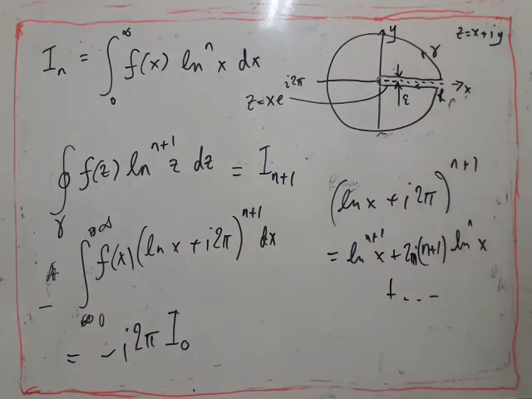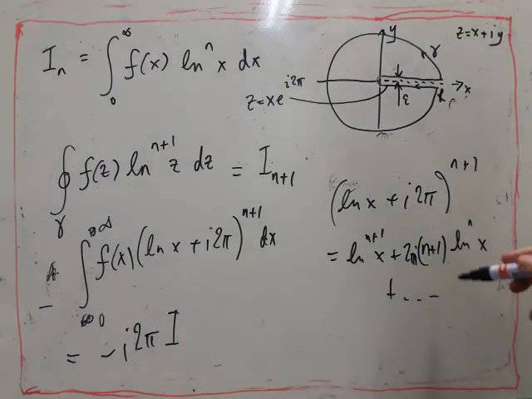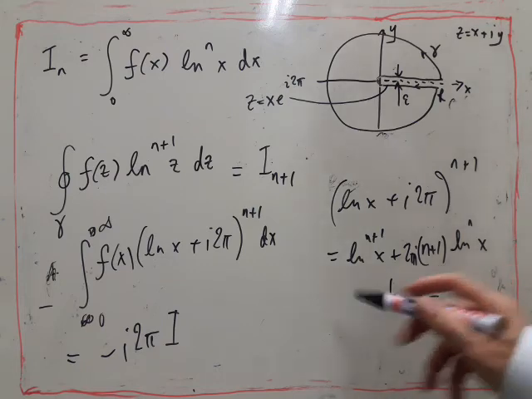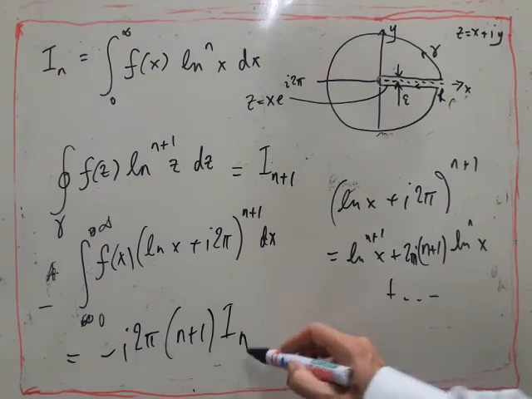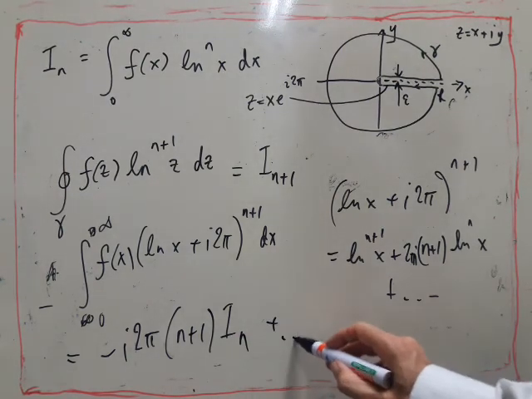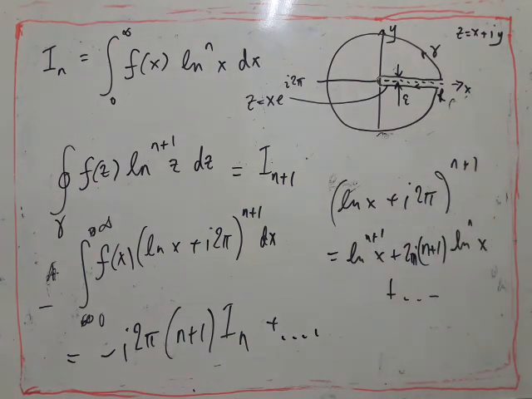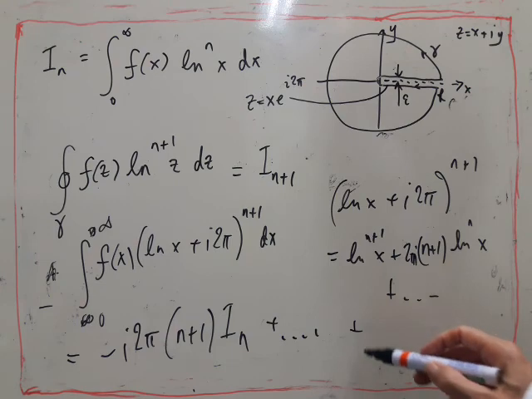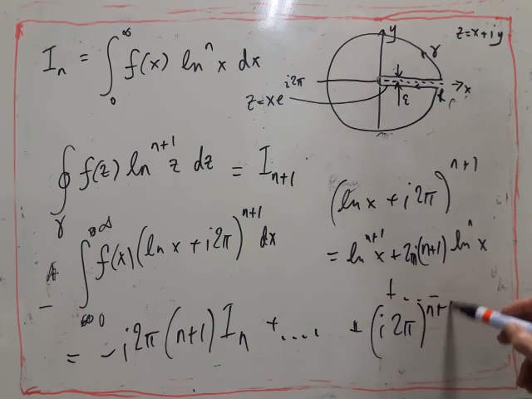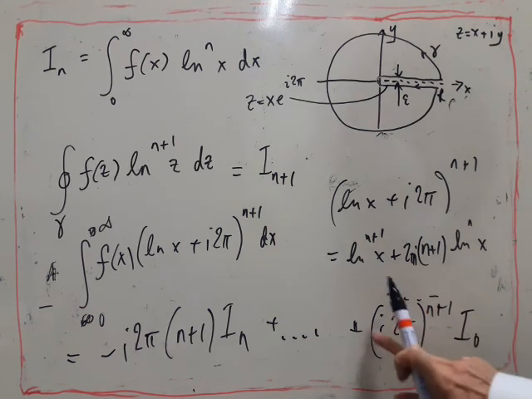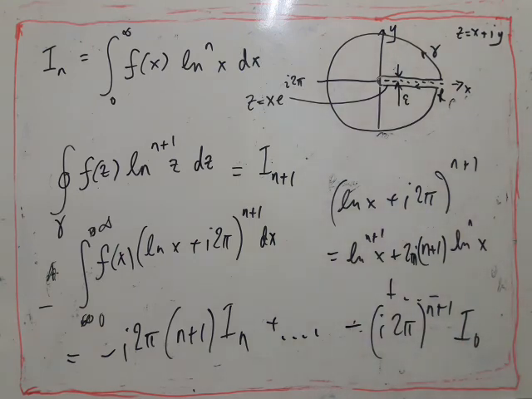So when you expand all of that out, basically, sorry, I wrote this wrong. This thing here will give you n plus 1 times I n, plus all the other terms you get by expanding this down to I naught. The last term would be, of course, i 2 pi to the n plus 1, with a minus sign here, times I naught.